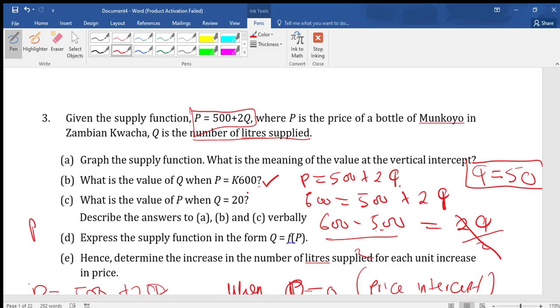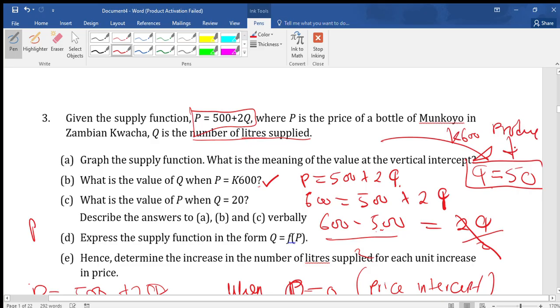So 50 units will be supplied to you at 600 kwacha per liter. So the higher the liters, the higher the price. 600 kwacha produces about 50 liters. This is what it means, because these are liters.